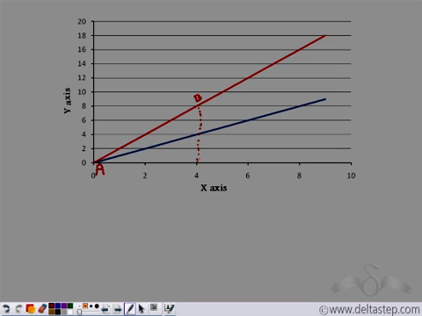In moving from A to B, the rise is 8. So the slope of red line is rise, which is equal to 8. And what is the run in moving from A to B? Run, that is the horizontal distance, it is 4. So the slope of red line is 8 by 4, that is 2.